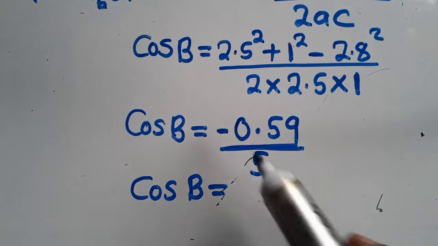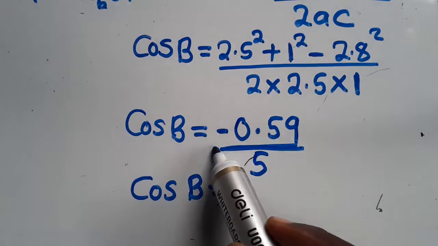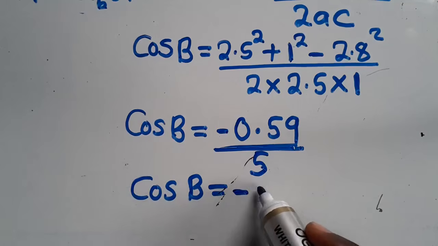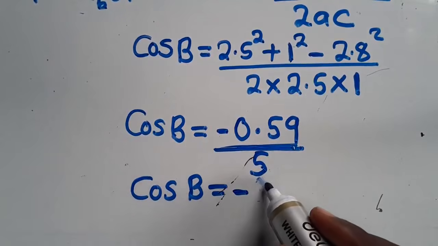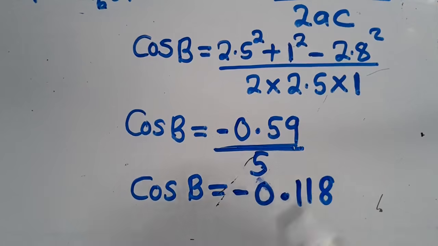No. So that's the way you are seeing this. Negative 0.59 divided by 5. So what answer are you getting? You are going to get negatives. And some people, I don't know why they forget negatives. Negative 0.118. This is what you are going to do.